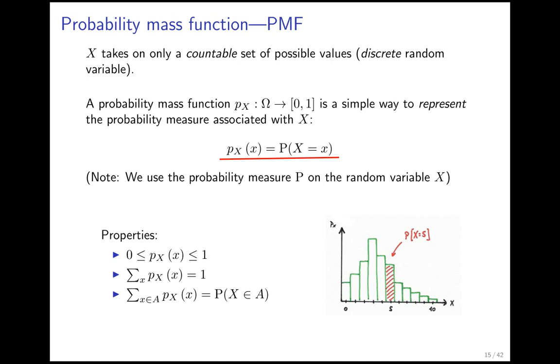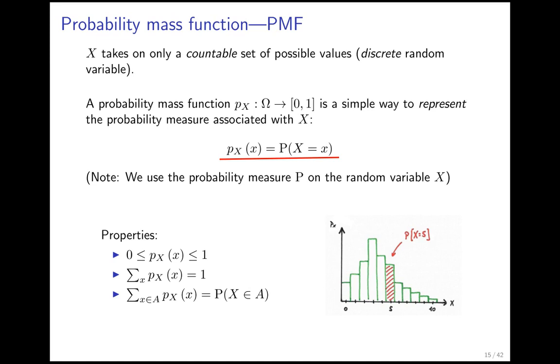Because we only have a countable set of possible values, a certain value small x can actually have a probability. Notice that we proved that for a continuous CDF, P(X = x) is always 0, but not for a discrete random variable. And that's why we can use the PMF to represent the probabilities.